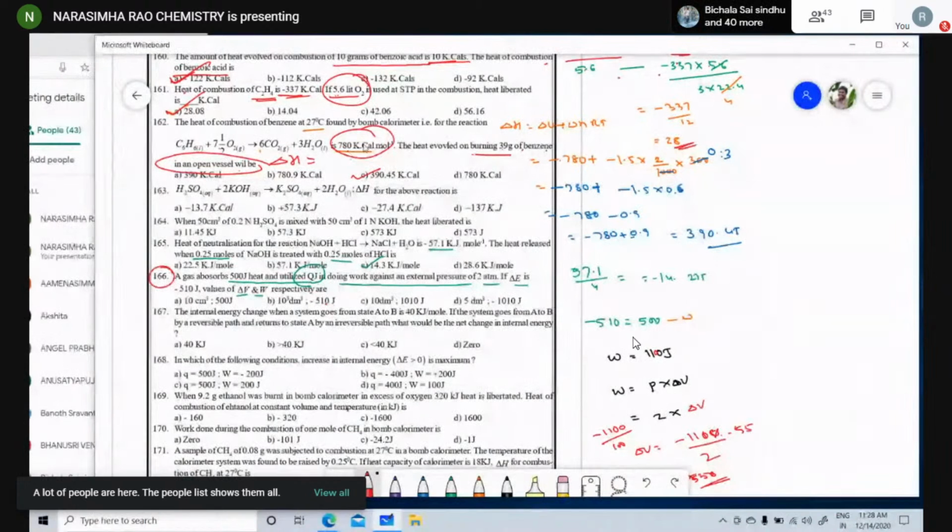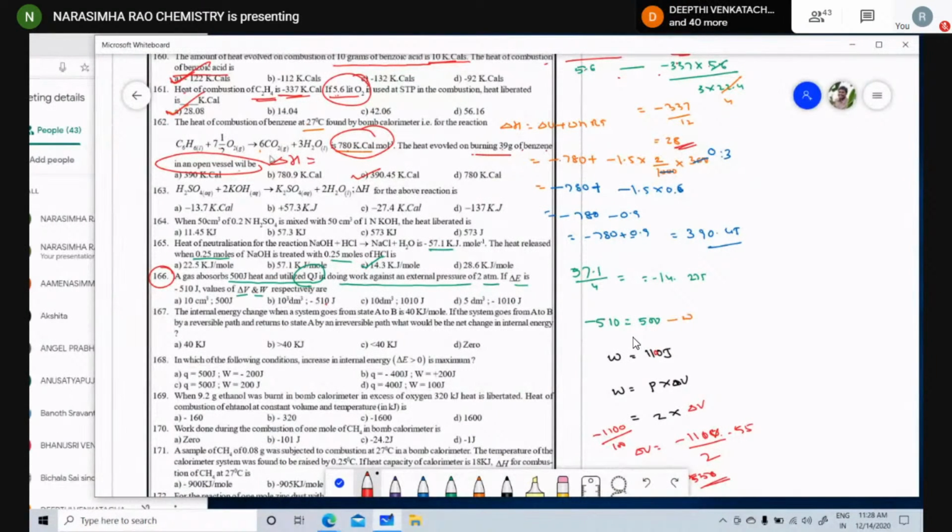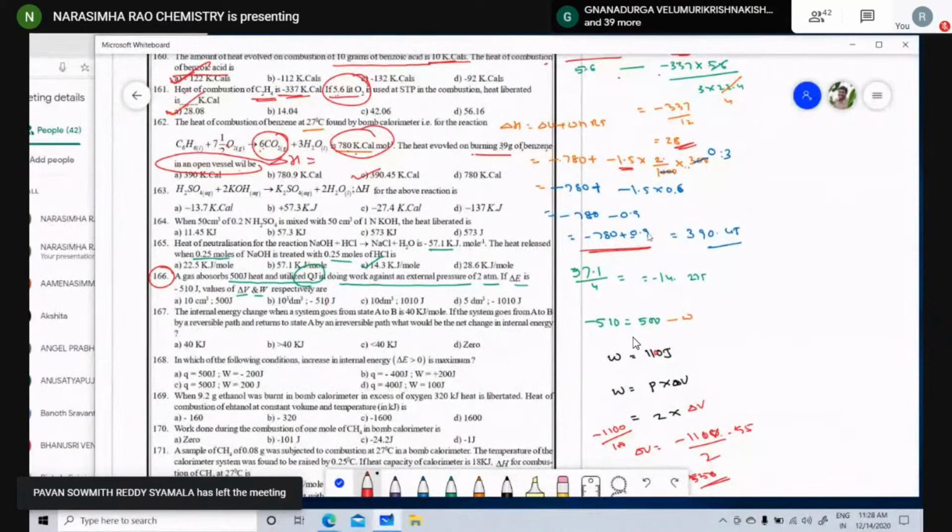So combustion is minus 780 plus delta n, 6 moles of gas, 6 minus 7.5 means minus 1.5. R value is 2 by 1000 into 300, 27 degrees, 300. I'm solving, I got it. 780, okay? Plus 0.